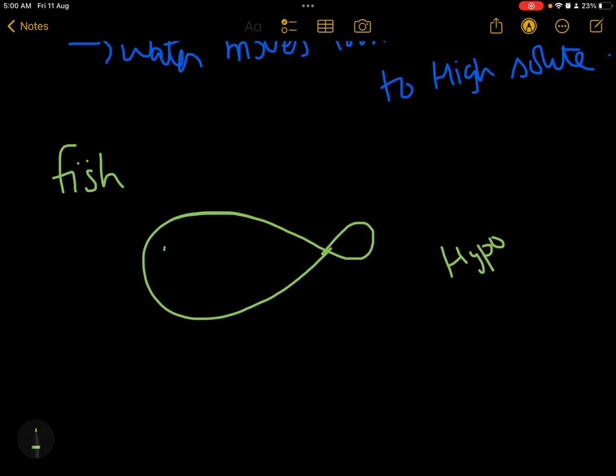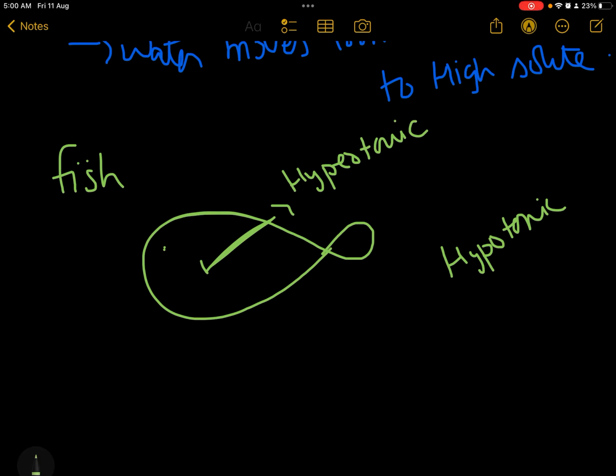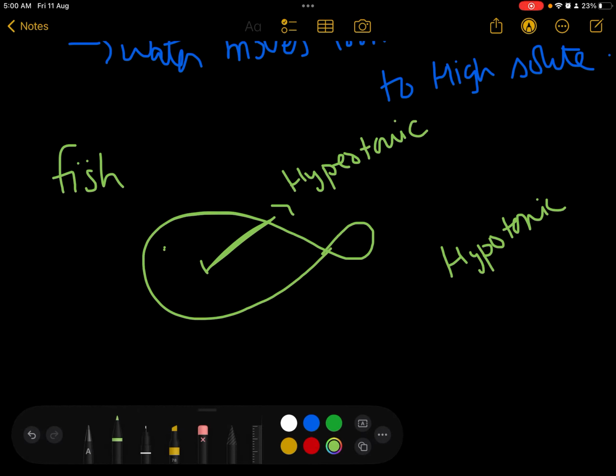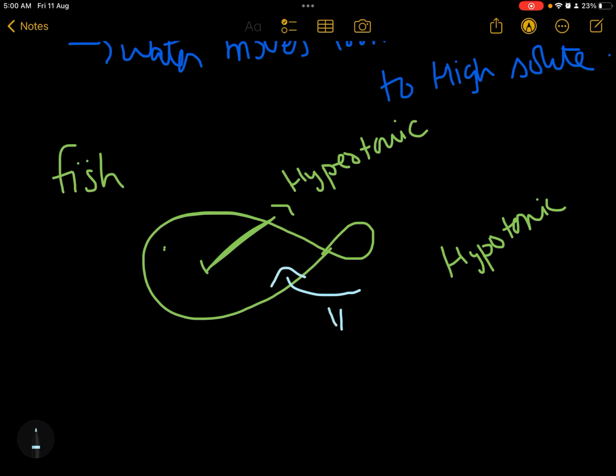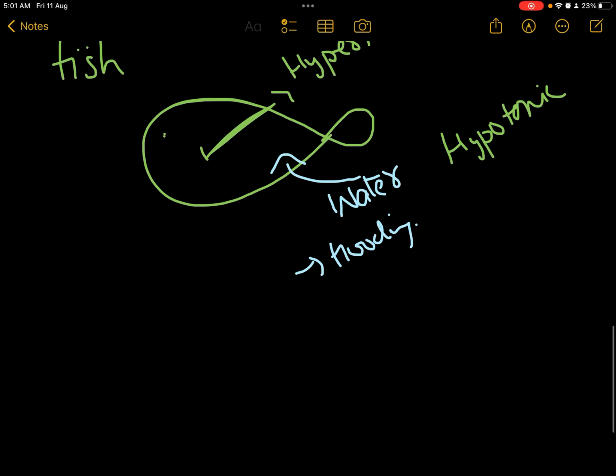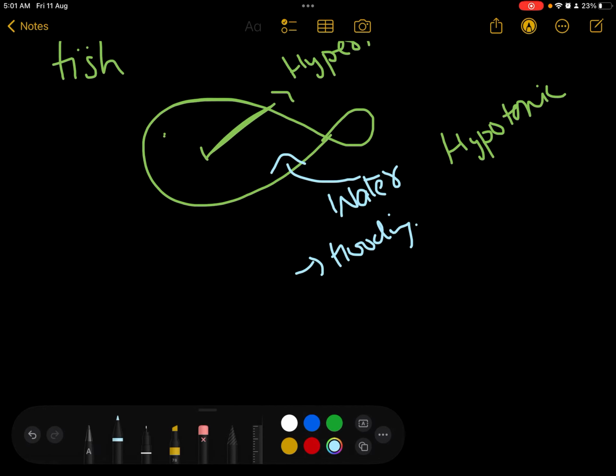So the external environment is hypotonic and internally it is hypertonic, right? It means that water will come inside this fish and the fish will feel flooding. So what will happen? Dilute urine will be passed.